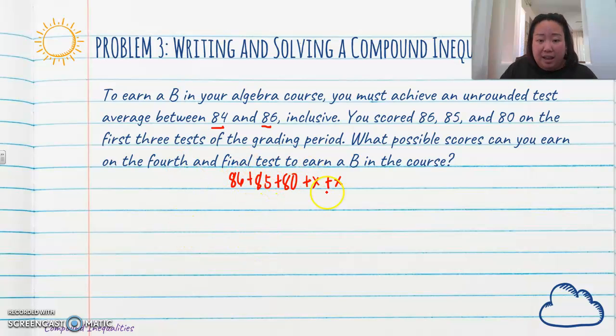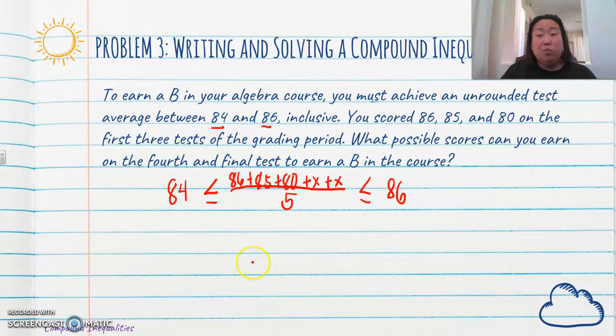So this average, we still have to divide by 5, because there are 5 scores. The average needs to be between 84 and should be less than or equal to 86. So that's how our equation would look like.